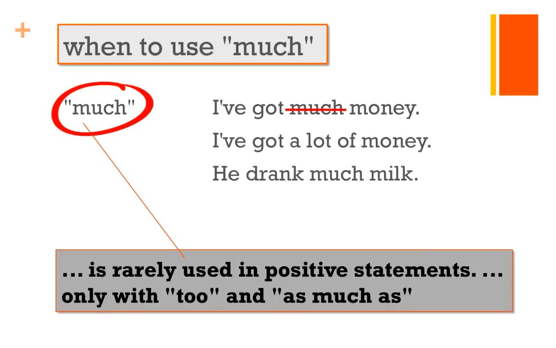He drank much milk is a positive statement, and we don't use much like he drank much milk, but you can say he drank too much milk. This is fine. So you want to remember, use much in positive statements, but only with too and as much as. If it's a question or a negative statement, then you can use much as you wish.